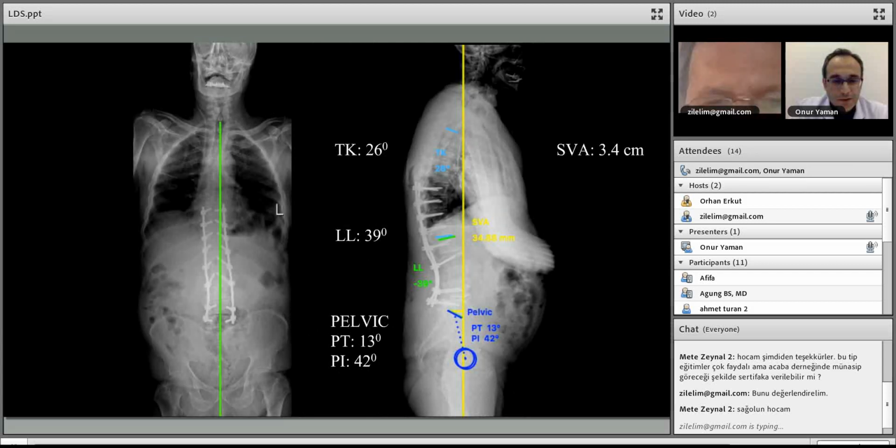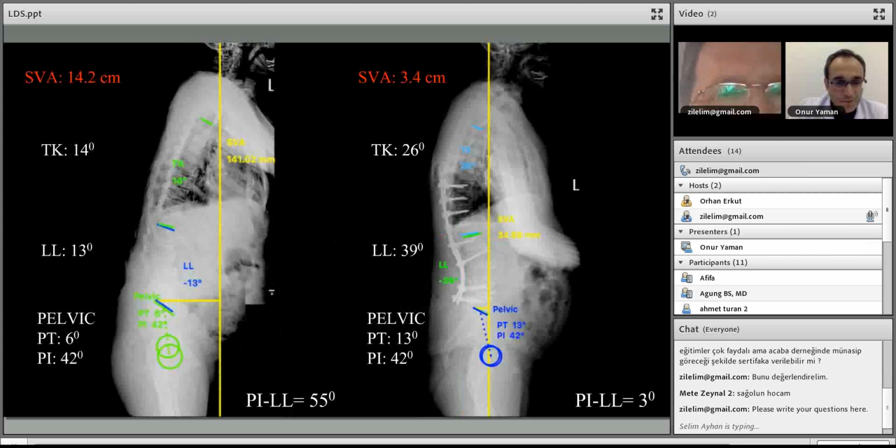You see that we have a good lumbar lordosis after the surgery, and you may see that the SPA is better than the preoperative view. Before the surgery, the patient has not a good spinopelvic harmony. The difference was 55 degrees, and after the surgery, the patient has a good spinopelvic harmony.